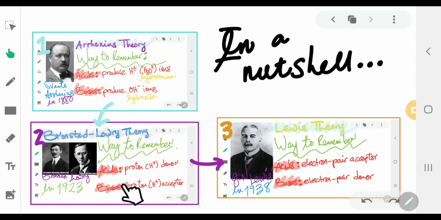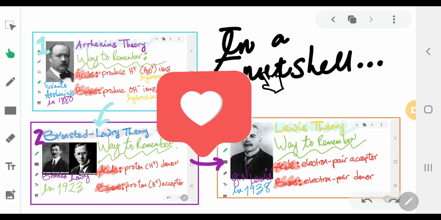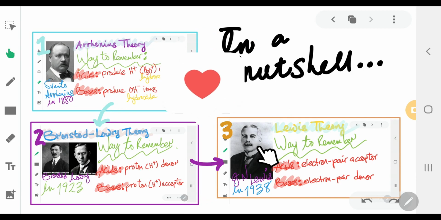The reason is because bases are proton acceptors and acids are proton donors. And then, thirdly, the acid and base theories were developed even further by Lewis' theory. He says acids are electron-pair acceptors, and bases are electron-pair donors. This is how the theory developed. And now, in our modern thinking of acids and bases, we are using all three theories to understand acids and bases.